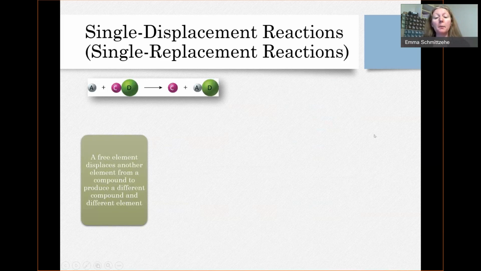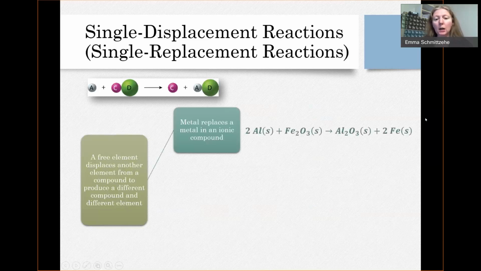So when this occurs, it can occur with different types of things. One basic type of single replacement reaction is when you have some metal that replaces a metal within an ionic compound. Okay, so this is going to happen when you have some metal reacting with an ionic compound. Okay, so I've got an example here of aluminum reacting with iron 3 oxide. So aluminum's a metal, and iron 3 oxide is an ionic compound.